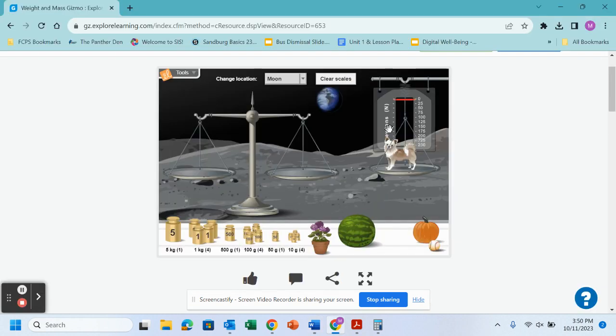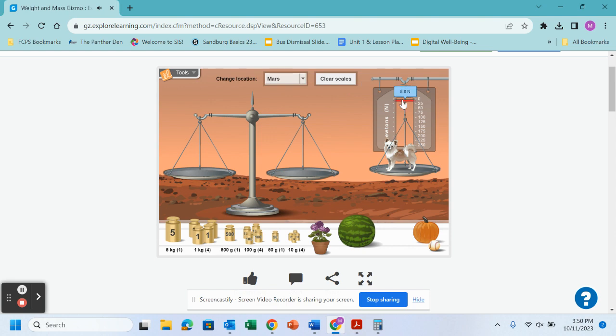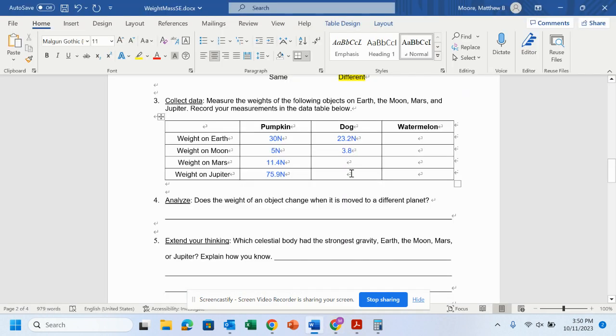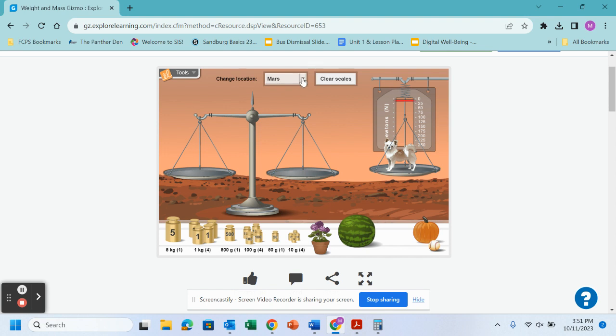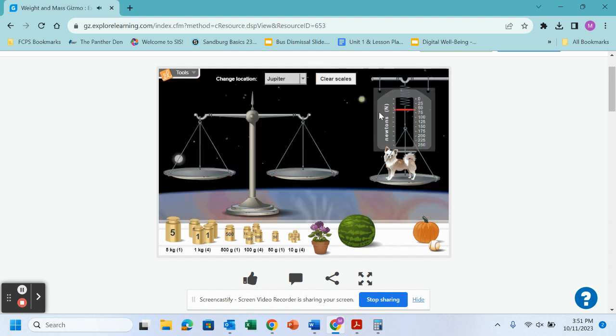Okay. And then Mars, 8.8 newtons. And then Jupiter, 58.8 newtons.